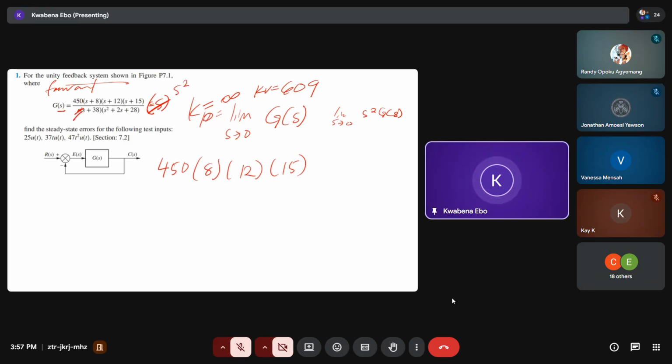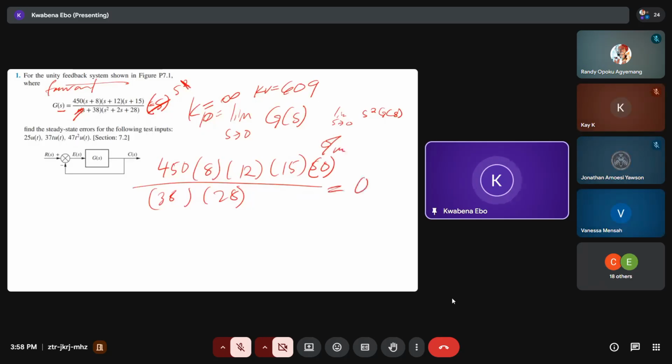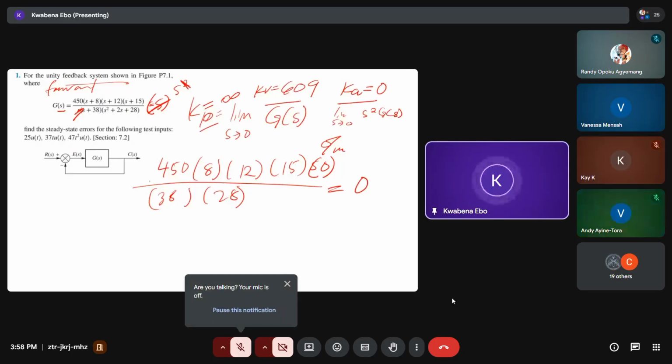If you multiply, that means that s will take care of this s, and then we'll be left with this multiplying s over 38 multiplying 28. So if we take all the s's to zero, this will be zero, and then what we get is zero over a number, which will give us zero. So that means the Ka will be zero. So we've gotten our Kp, Kv, and Ka.